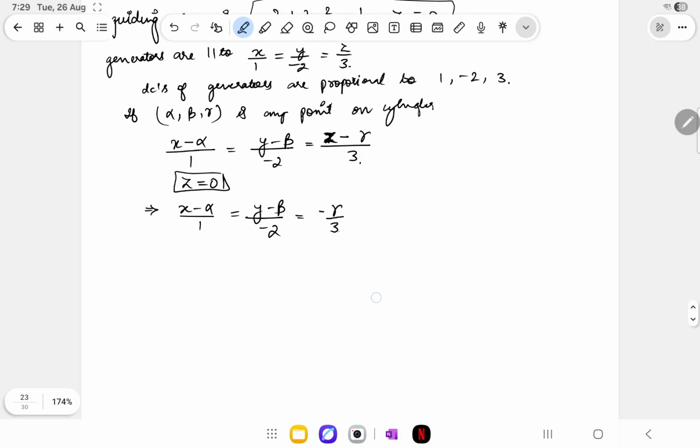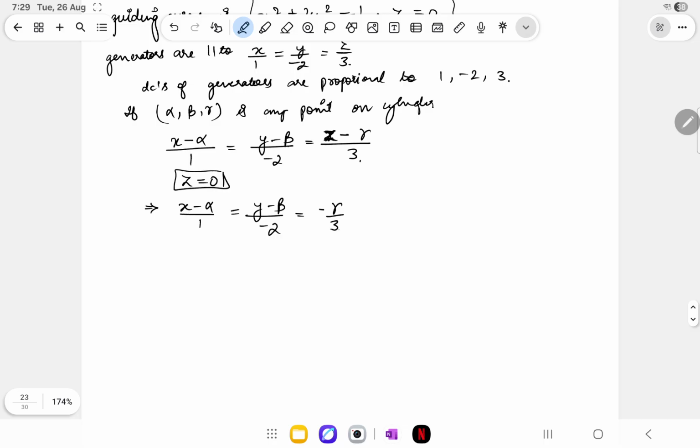So from here I can find an arbitrary point, which is the intersection point of the generator and the guiding curve. That would be alpha minus gamma by 3, beta plus 2 gamma by 3, 0, because z is equal to 0.